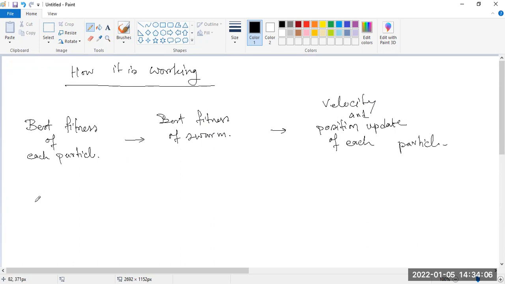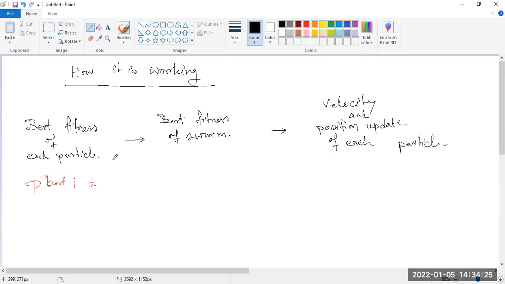Now the variables are coming. First is pbest i. P best means local best.